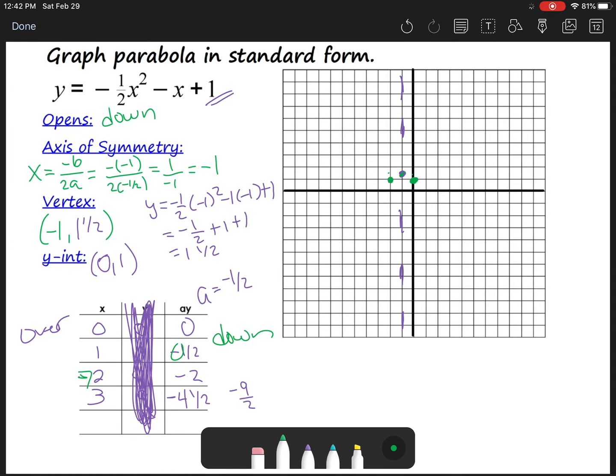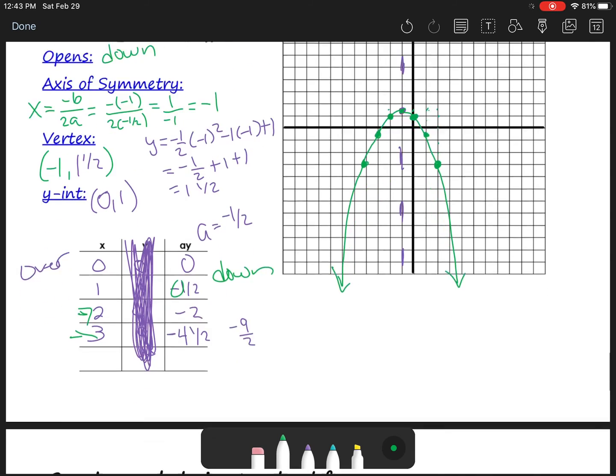Then starting back at our vertex, we're going to go over 2 and down 2, right here. And then, of course, we're going to mirror that point. And then again, starting at our vertex, we're going to go over 3 and down 4.5. So here's down half, down 1, 2, 3, 4. And that's how we graph it. And notice how fast that is. It's really slick. So we're going to do one more.